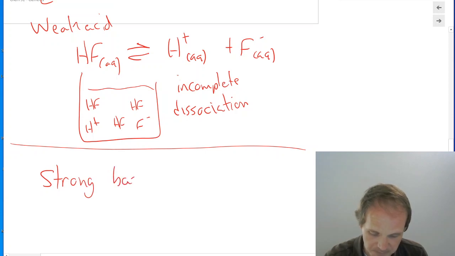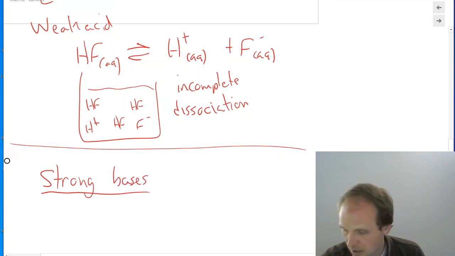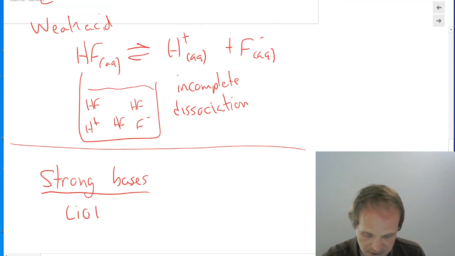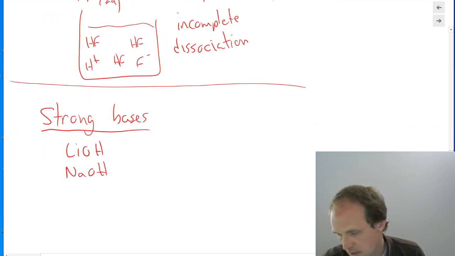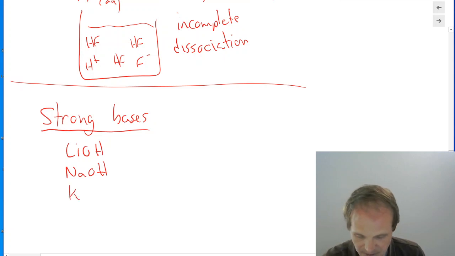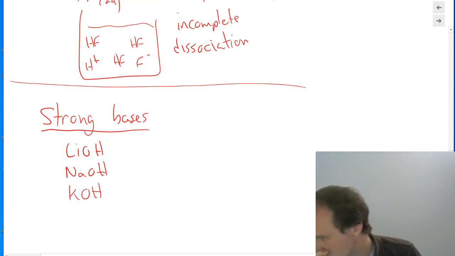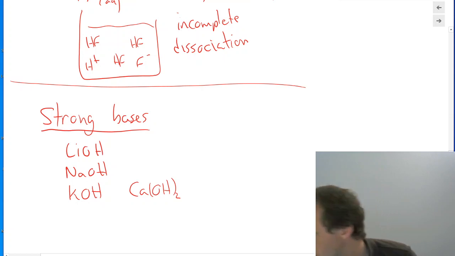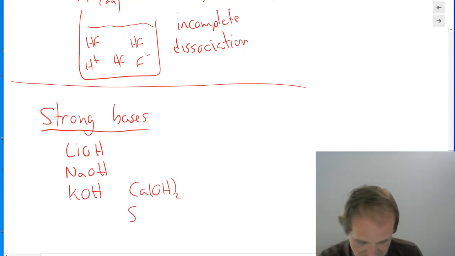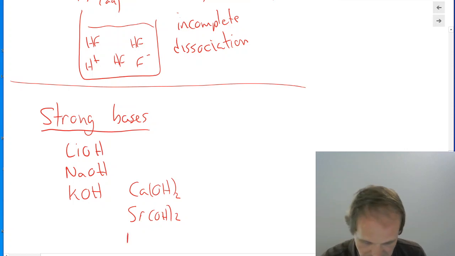Strong bases are lithium hydroxide, sodium hydroxide, potassium hydroxide, calcium hydroxide, and I could do these in order here. Strontium hydroxide and barium hydroxide.